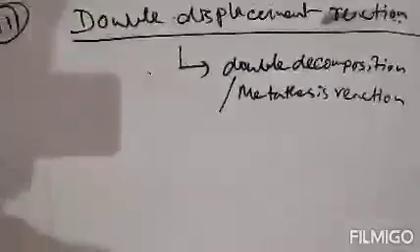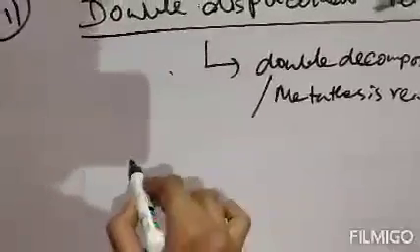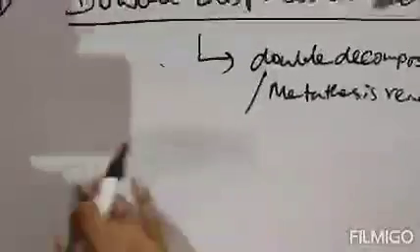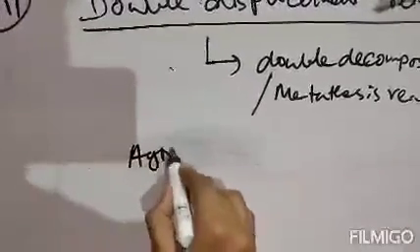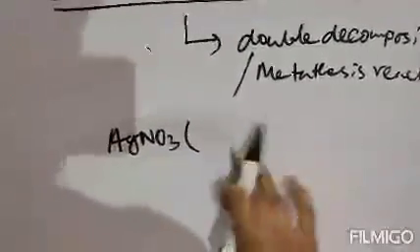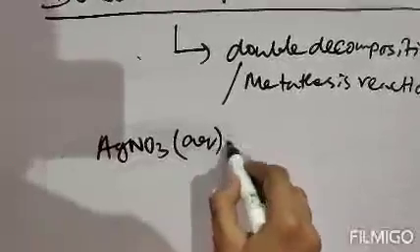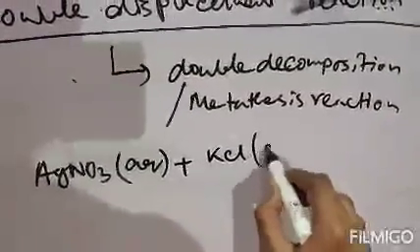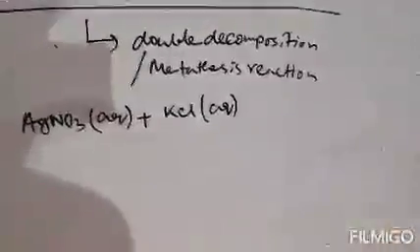Now let's be clear with an example. Suppose AgNO3, silver nitrate, taken in aqueous form, plus KCl, also taken in aqueous form.